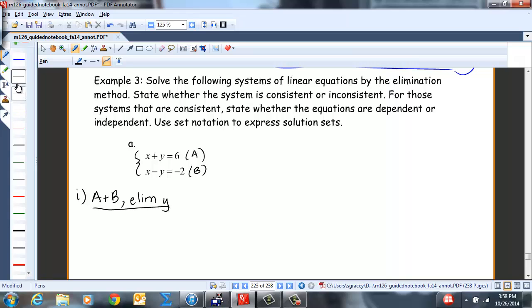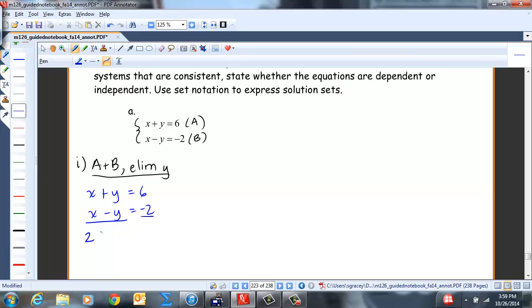So we'll have, and then we add them and we get 2x is equal to 4, and dividing by 2 we get x is 2. Isn't that super awesome? And then our second step is going to be to substitute x equal to 2 into whichever equation you want.